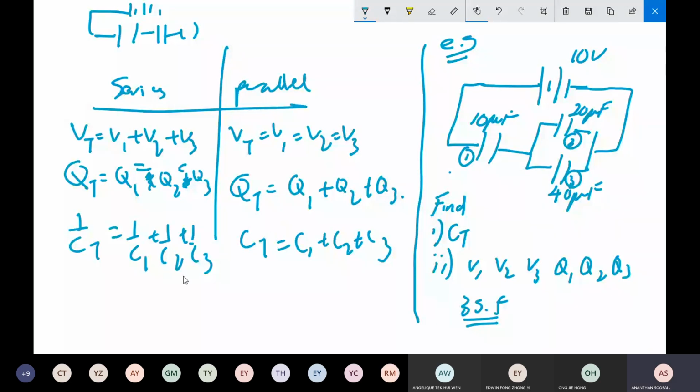Use these formulas. Try to figure out this question. It's a chain reaction. If the first one is wrong, all going to be wrong. So make sure your first one is correct. Tell me the C total first.